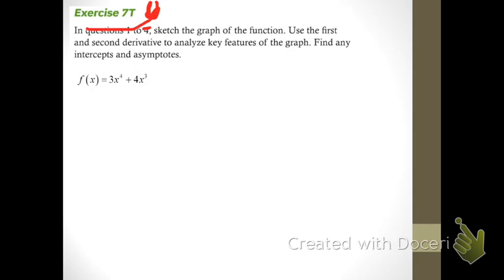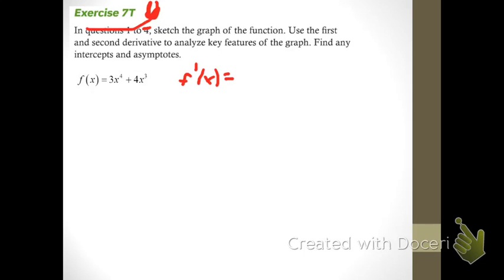Okay. Well, here's the process I want you to go through when you're told to sketch a graph of a function. We know that we're going to be using the first and second derivative, so it makes sense to begin by finding those two things. Let's do that. This polynomial function is easy enough to do that for.